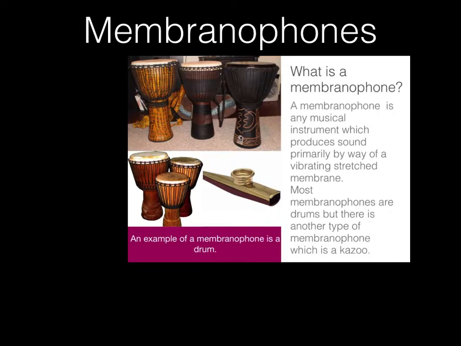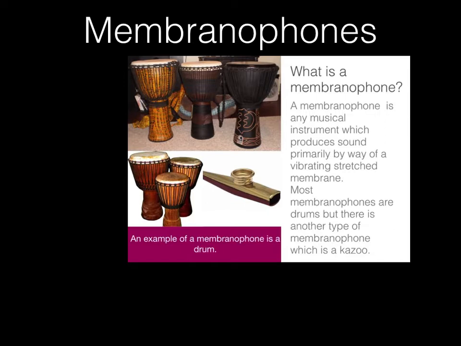A membranophone is any musical instrument which produces sound primarily by the vibrating of a stretched membrane. And most membranophones are drums, but a kazoo is also a membranophone. A kazoo makes sound by air vibrating a membrane inside the kazoo.